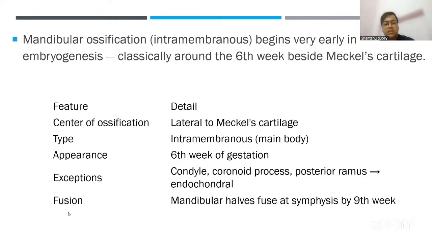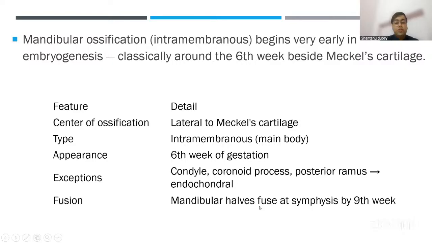So it is intramembranous type, 6th week of gestation. You have to mug this up. There are a few exceptions. It is mixed: the condylar cartilage, the condyle is also endochondral, the coronoid process is endochondral, the posterior ramus is endochondral. These few are the exceptions to intramembranous ossification.